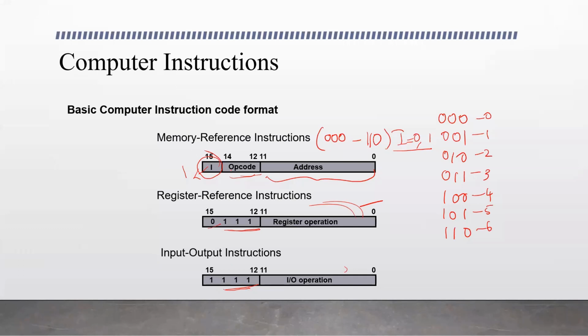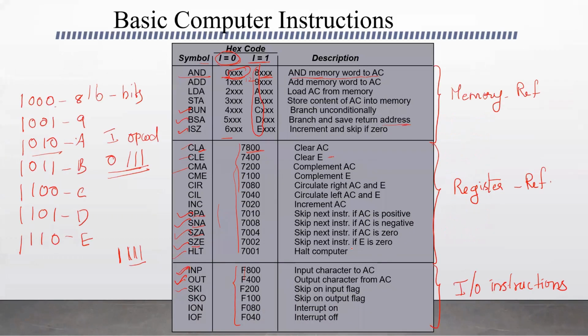Here, if you see this, there are limited opcodes, 000 to 110, right? Only these number of operations are performed. But here it is 111 always, but these 12 bits are used to represent the operation. So the number of operations performed in register reference instructions and IO instructions is more. Okay, more number of instructions can be performed.